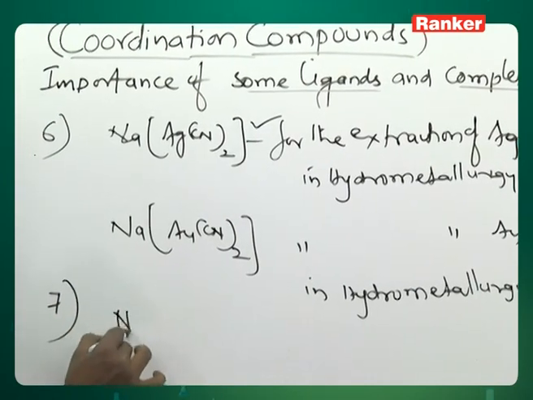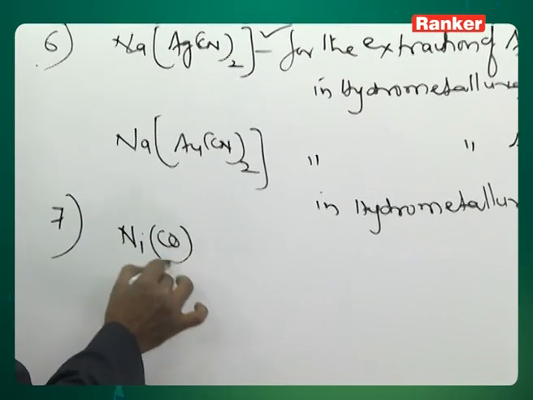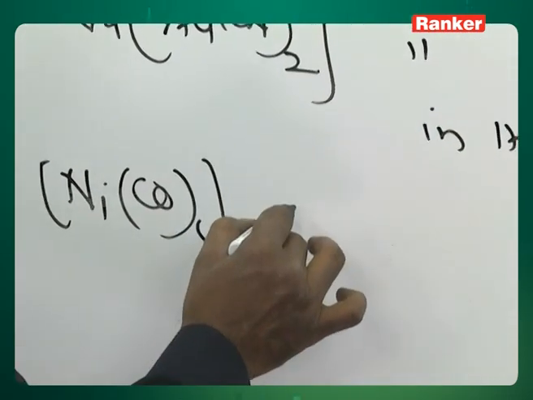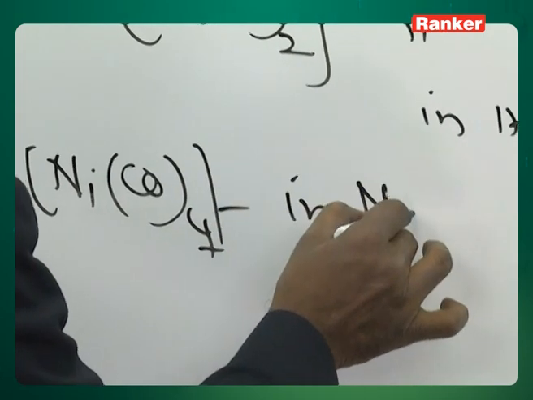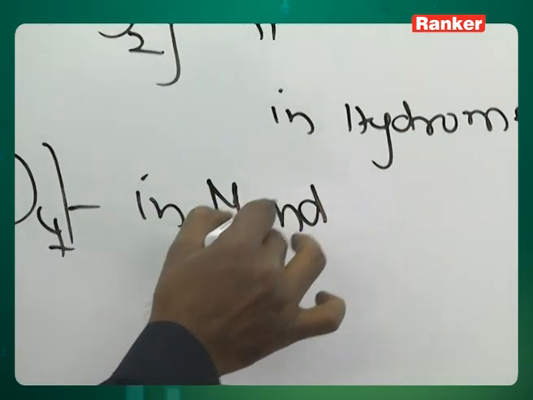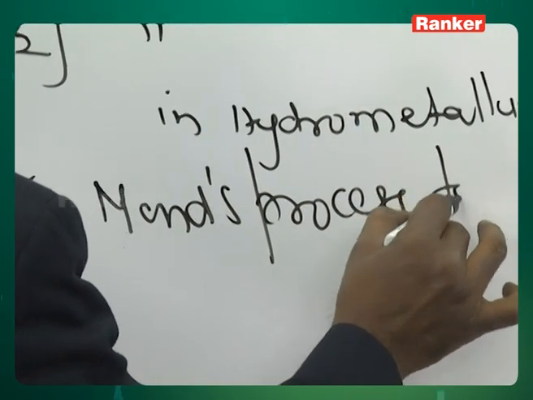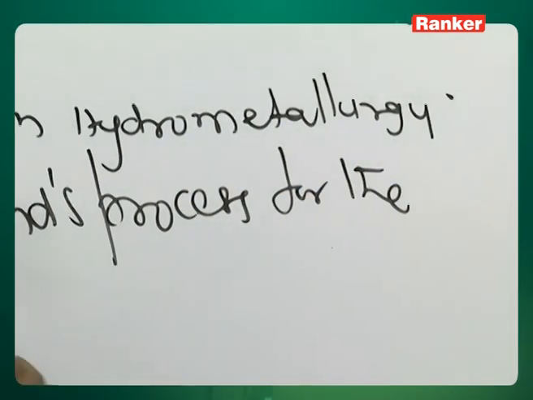See, nickel tetracarbonyl, you might be knowing this, one of the famous complexes, is used in Mond's process for the extraction of nickel.